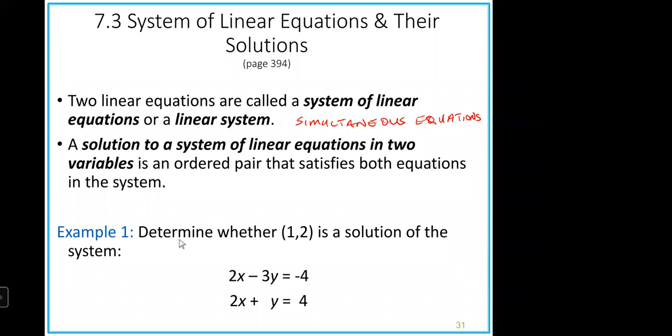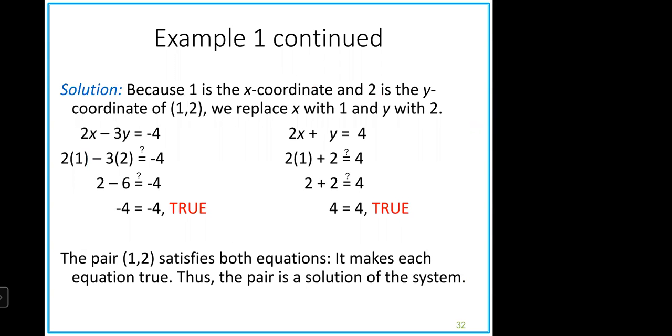So this question is asking you to determine whether or not (1, 2) is the solution for this system. Of course, (1, 2) as a coordinate pair means x is 1 and y is 2. So you could substitute 1 here and 2 there for both of these and see if you get the answer that's here. If you get the answer, then it means that it is the solution for both.